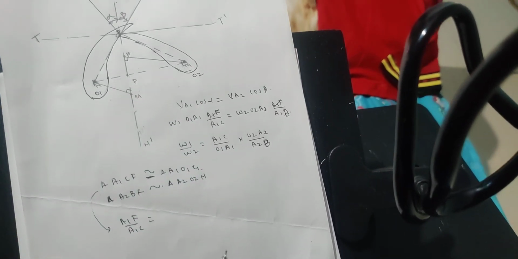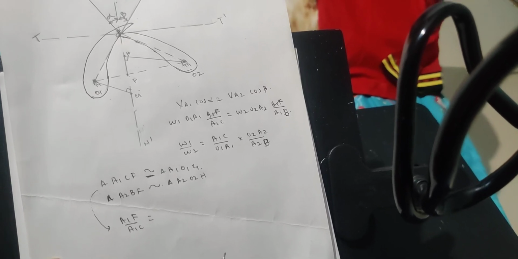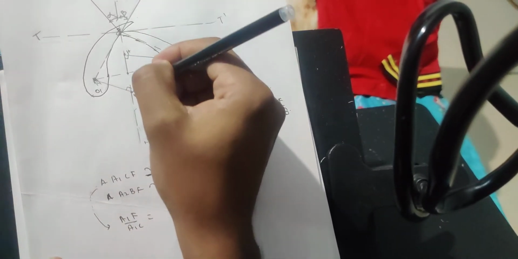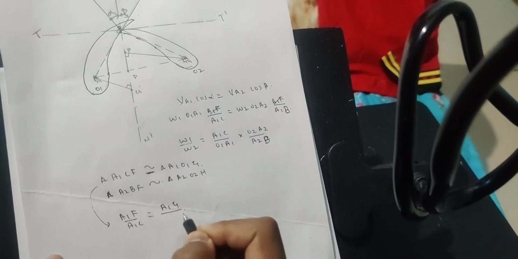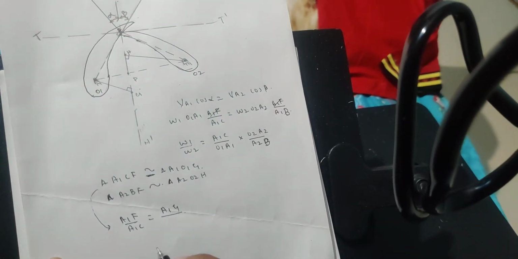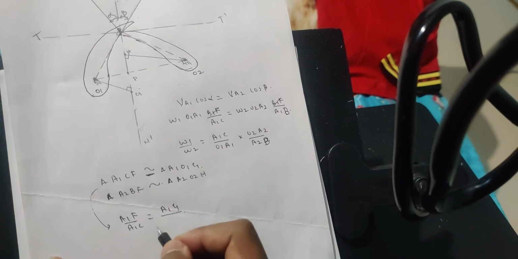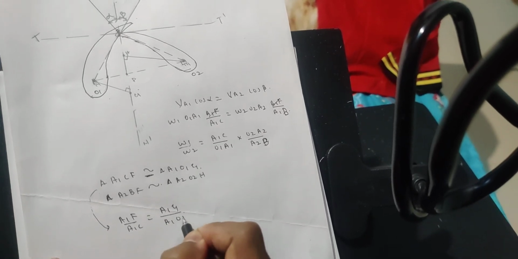What will be the hypotenuse, what will be the base? That will be A1G, the base, upon the radius, that is A1O1.